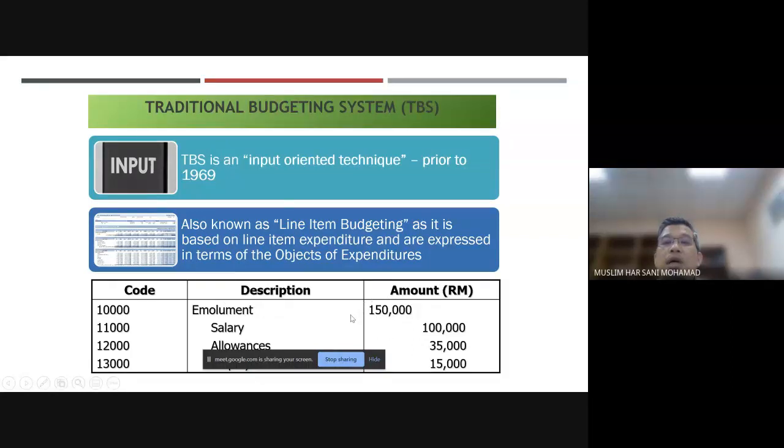I think you must bring in your understanding of budget as opposed to financial accounting. This is not a GL item, it's a budget item. So is there any difference between budget item, budget amount, and GL amount? Anyone?